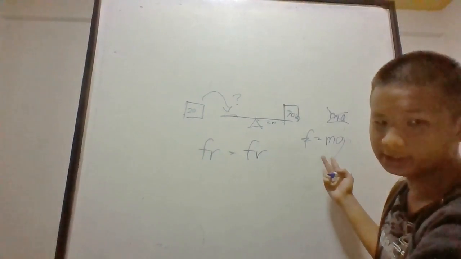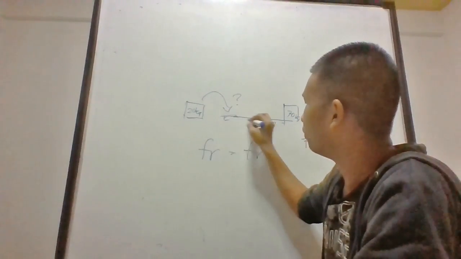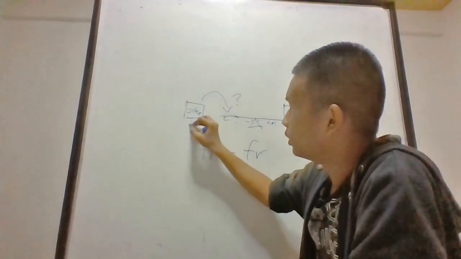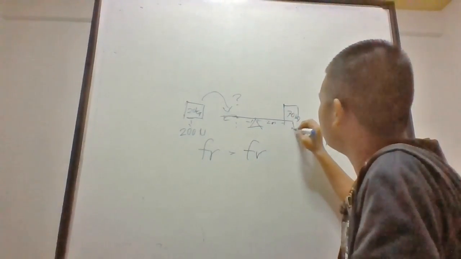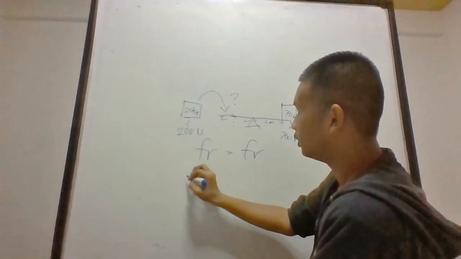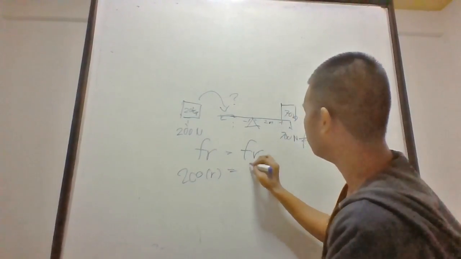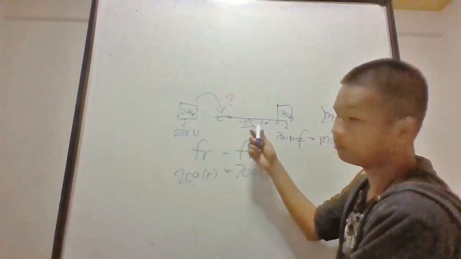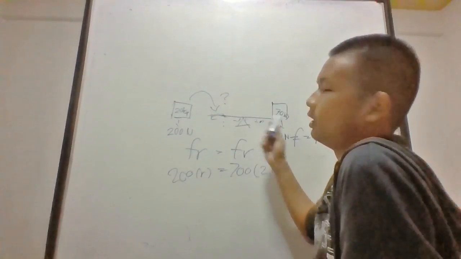So this kid weighs 20 kilograms, so he will turn into about 200 Newton. And this kid will turn into about 700 Newton. So we put this here: 200 Newton equals 700 Newton times the distance between the center of mass of the seesaw and the kid.